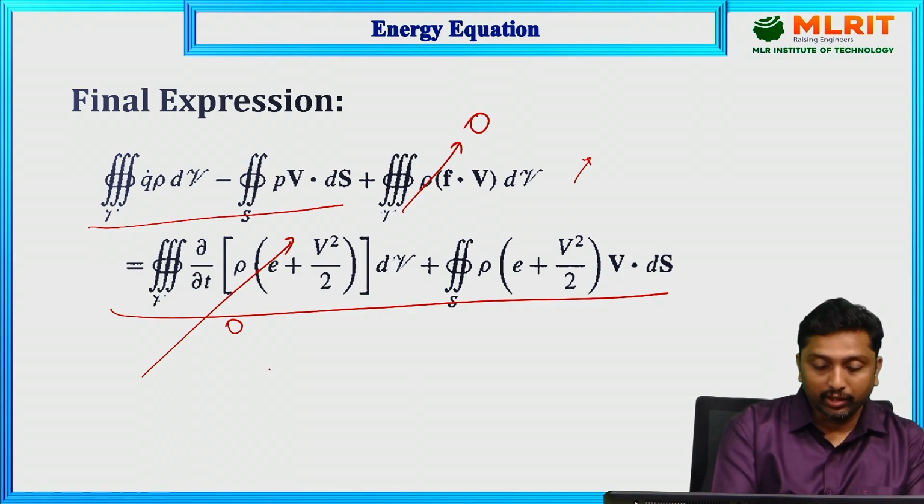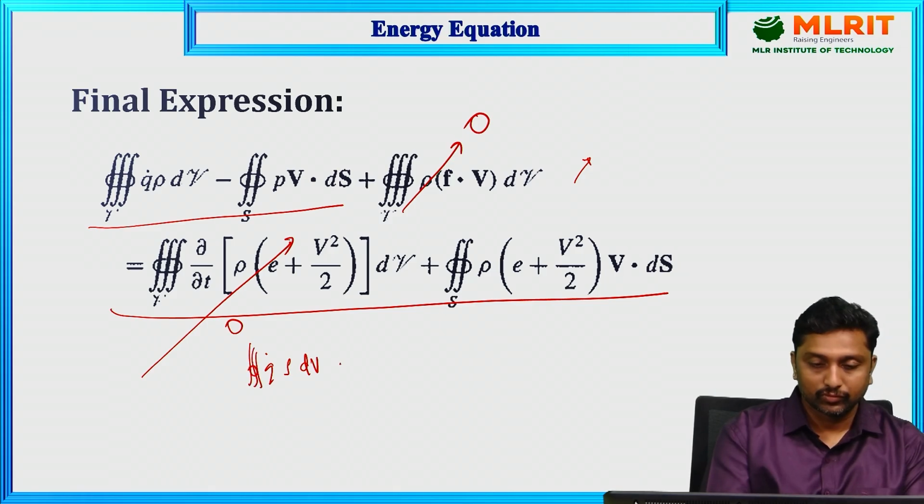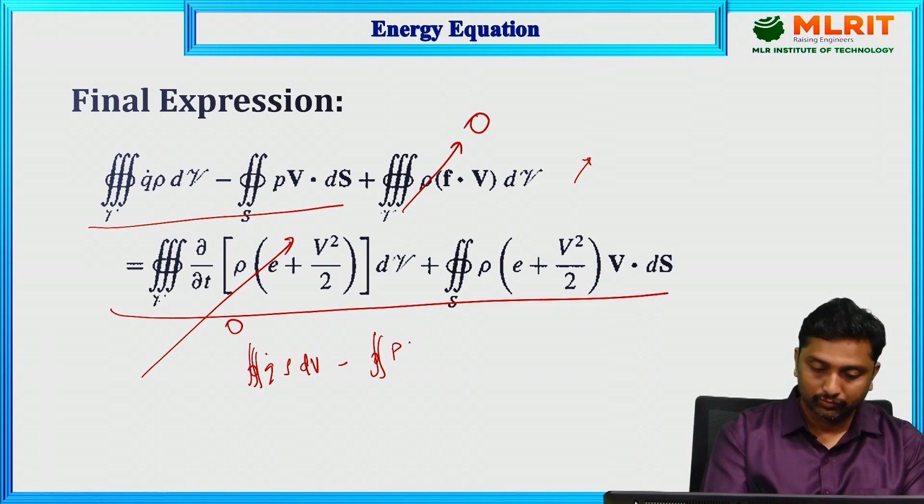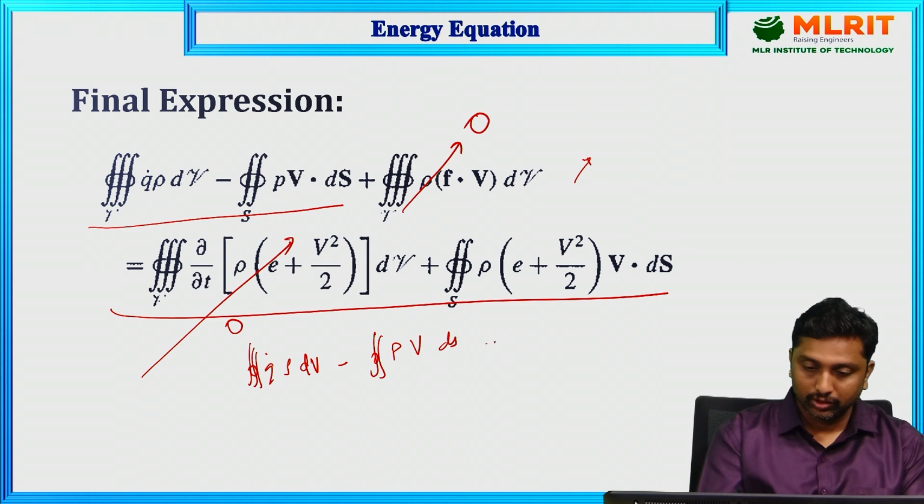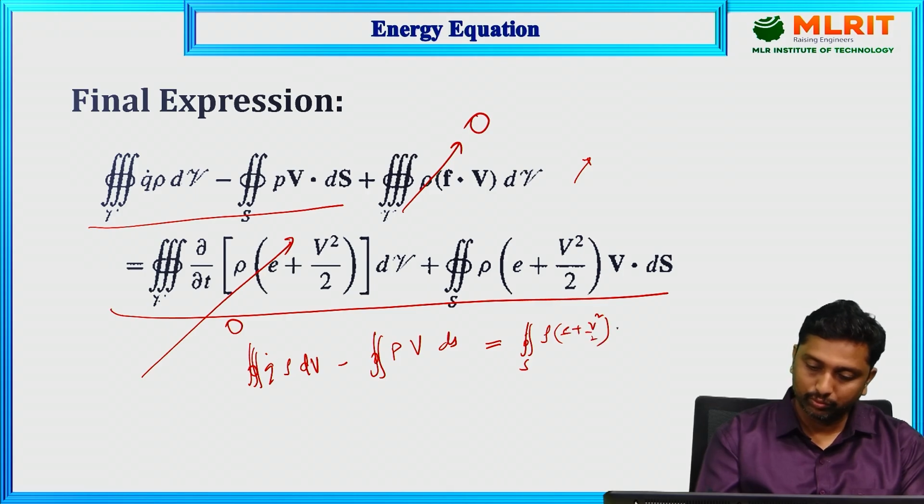So you'll end up with q dot rho dV minus P V dS equals the surface integral rho into E plus V square by 2 V dS.